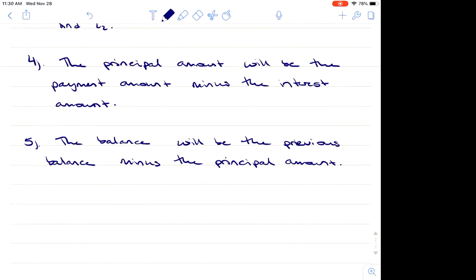So notice there's kind of a domino effect. You have to know your payment amount and your periodic interest rate. Then you take your previous balance, find the amount of interest, subtract that from the payment, and you have your principal, and then you can find your new balance.